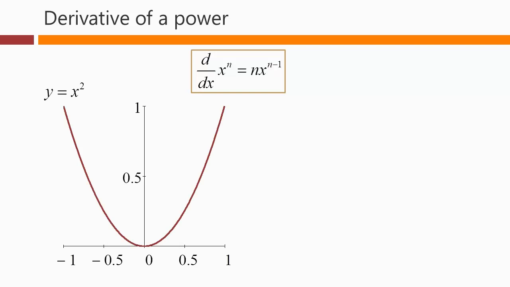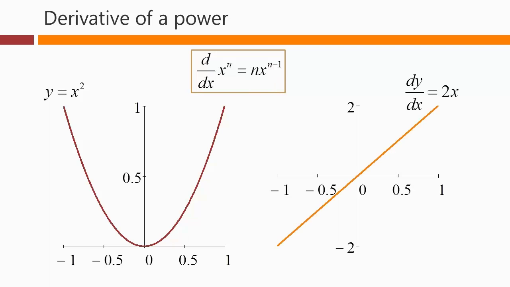Here's a curve, y equals x squared, a simple parabola. And the derivative of that curve, well, according to this formula here, it should be 2x. x squared goes down to x to the power 1, and we take this n here to become a multiplier in front.